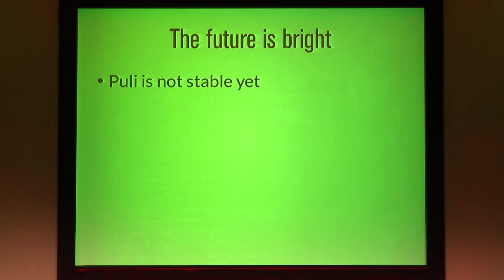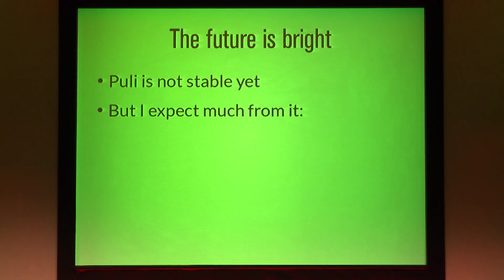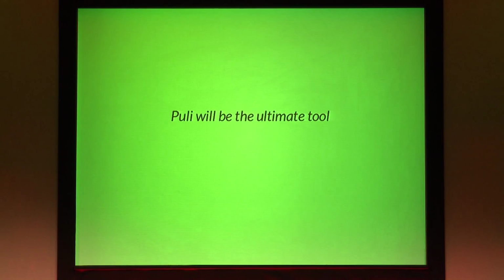And even though Puli is not yet stable, currently it's just in an alpha version, I still think it has lots of potential. Even with some minor effort from my side, I was able to get it running in my application. I really expect much from it. So Puli will be the ultimate tool to create naked bundles.